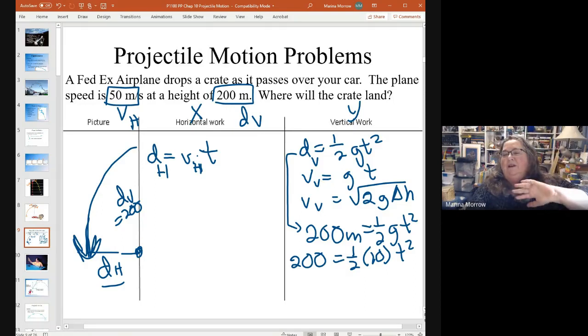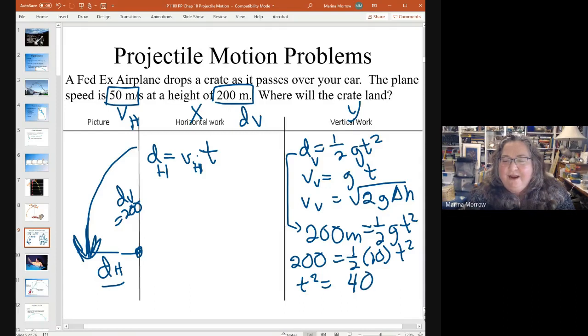So now what I'm going to do is, of course, divide through, so I get t squared alone. So I'm going to end up with t squared is equal to, you go 2 times 200 is 400, divide by 10, that's going to be 40. And so t is equal to the square root of 40, which is going to be like 6 seconds, right?